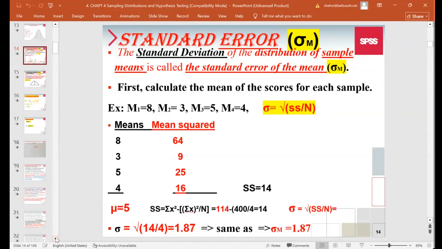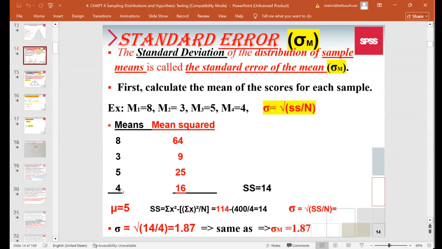Then each person gets a score, and then each sample has a mean. Hypothetically, if these are our means, I used single scores, so we won't have any problem with calculation. There, you see, we have 4 samples, and the means of the scores of those participants are 8, 3, 5, 4, written in black.